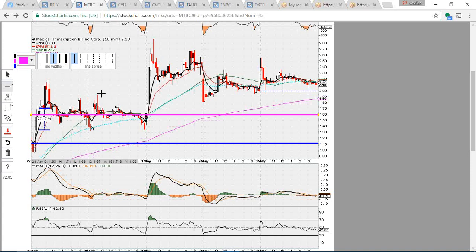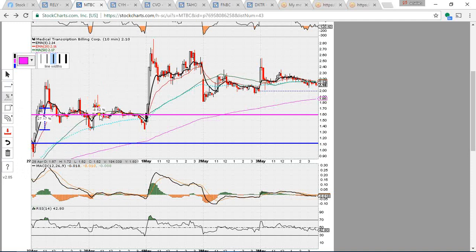It gave you false hope the next 10 minutes, and it came back down. Your stop loss should have been at 160. That's where the resistance is, and it may have hit your stop loss for the day. That would have probably ended up costing you, if you would have gone in, probably around 8.5%.